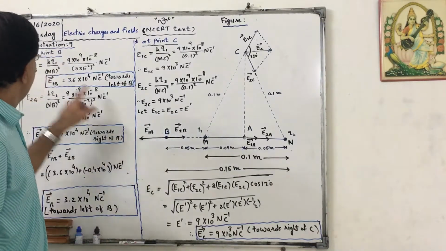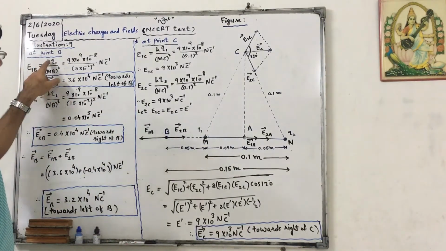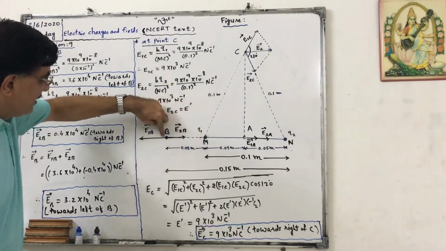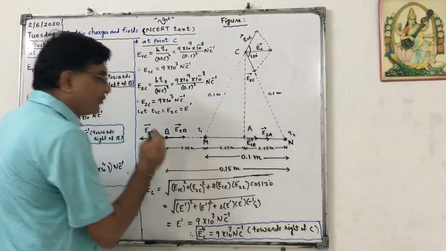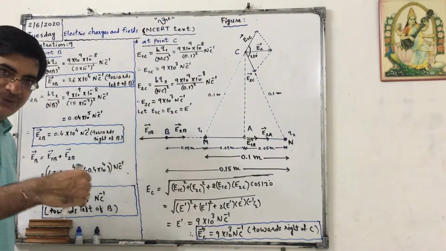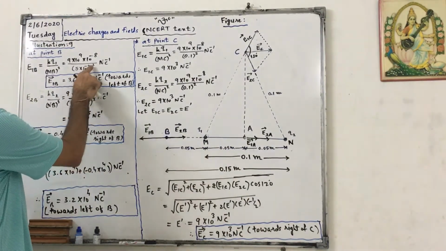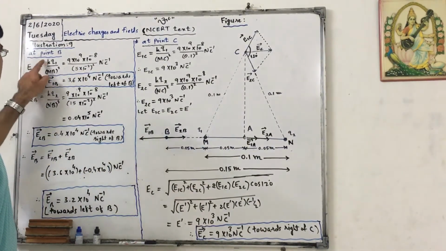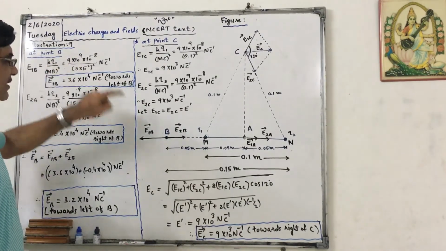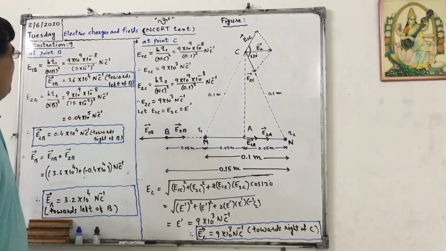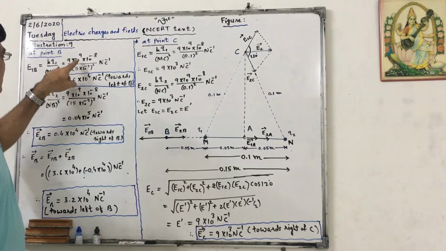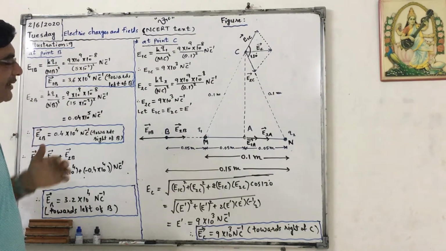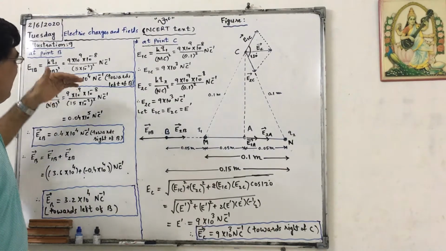That is E1B equals KQ1 upon this distance, that is MB square. But this distance is 5 into 10 raised to minus 2, given in the figure, in the data. So 5 into 10 raised to minus 2 whole square. K equals 9 into 10 raised to 9. Q1 is 10 raised to minus 8. So this will become, see, 10 raised to minus 2 square, that is 10 raised to minus 4, that will be added here.